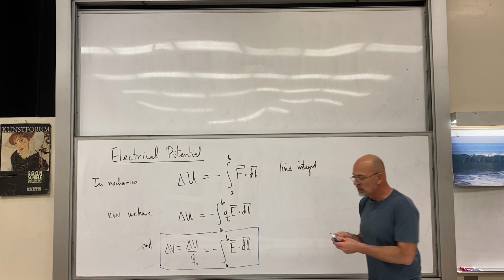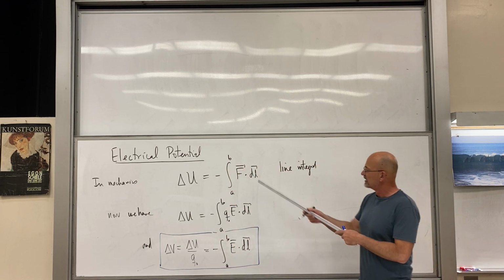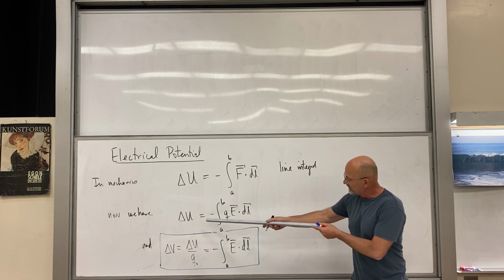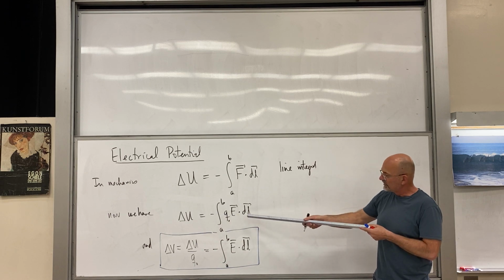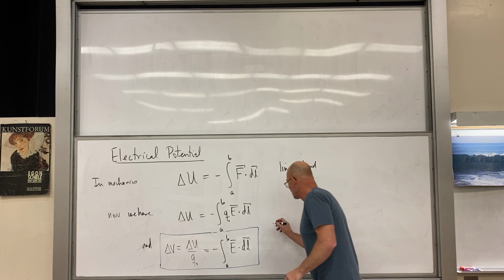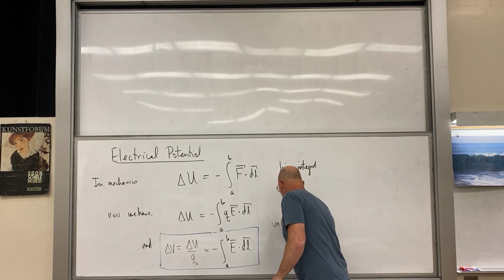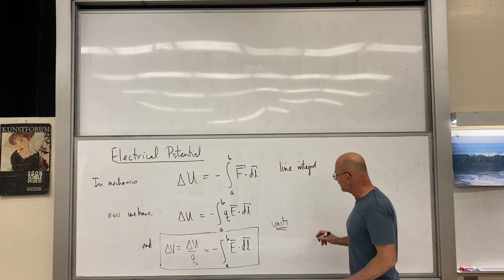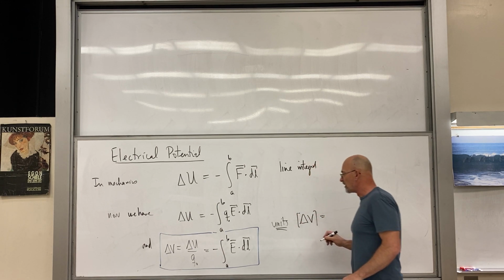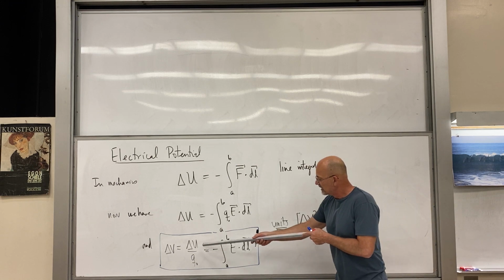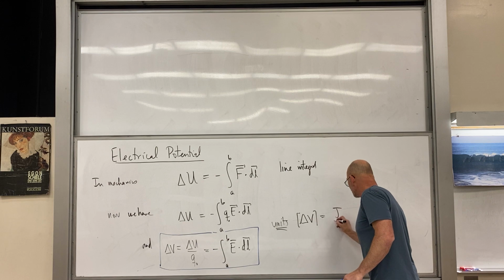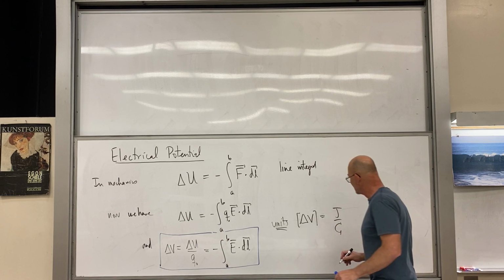We can talk about the units already right away, because force times length is work, is energy. This, of course, was also energy, because Q times Z is a force. So what are the units here? We have the units of this delta V are joules per coulomb.